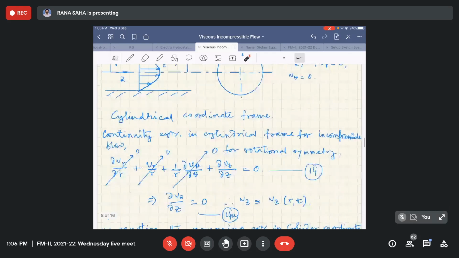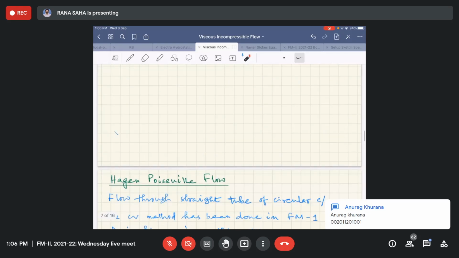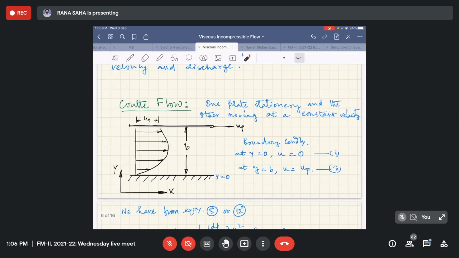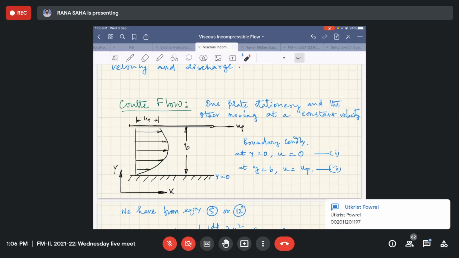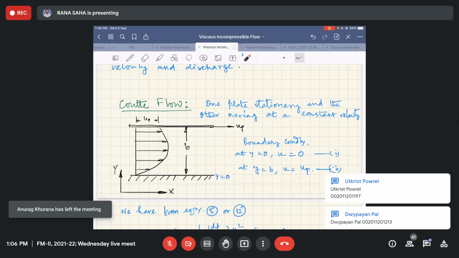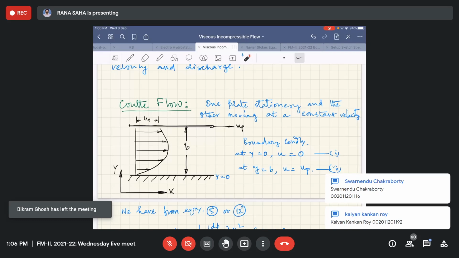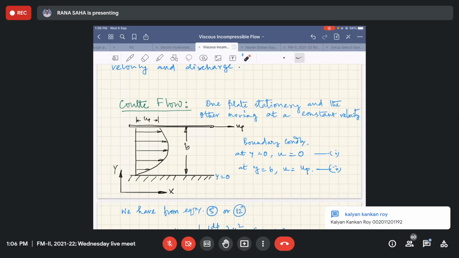It is almost the same exercise. The only difference is the boundary condition.